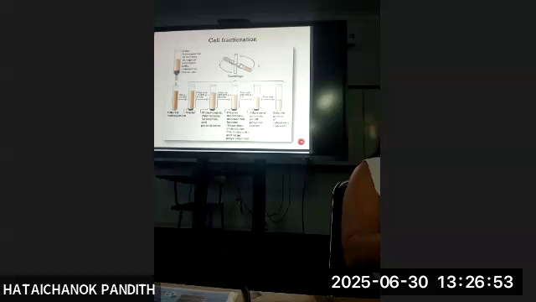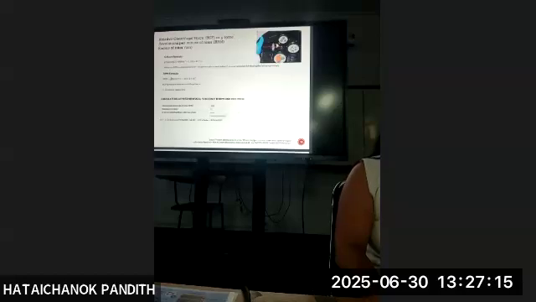If you just break down the cell and then you want to separate all the organelles, you have to increase the centrifugal power. Normally the centrifugal power is expressed in G, but we can convert G force into rounds per minute later. You don't have to do that by hand.